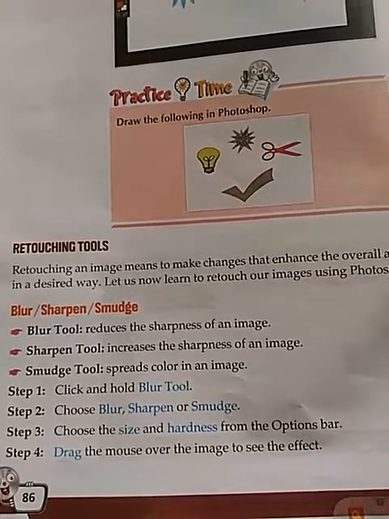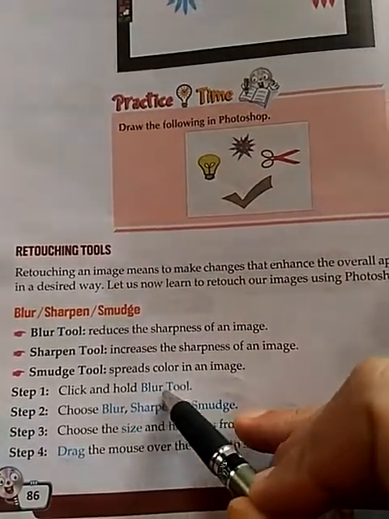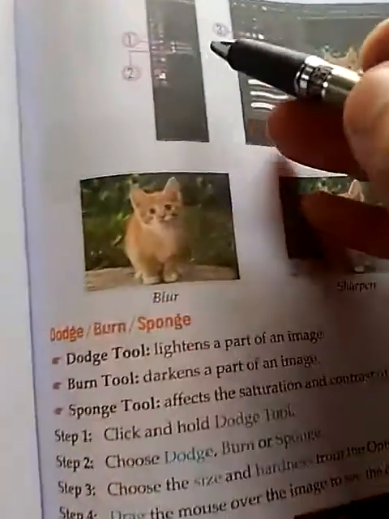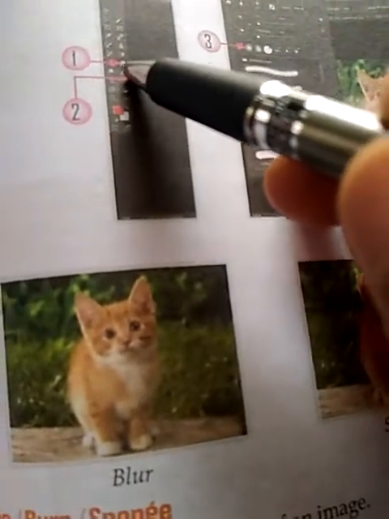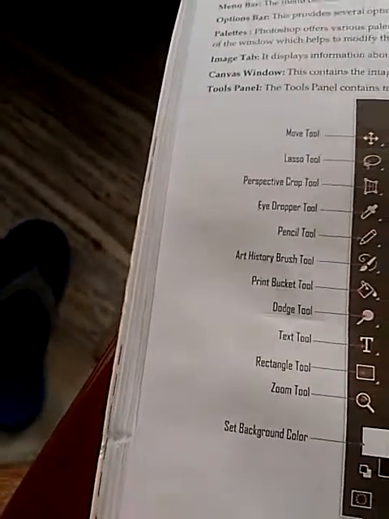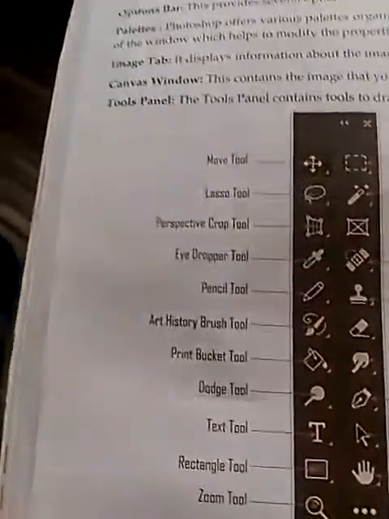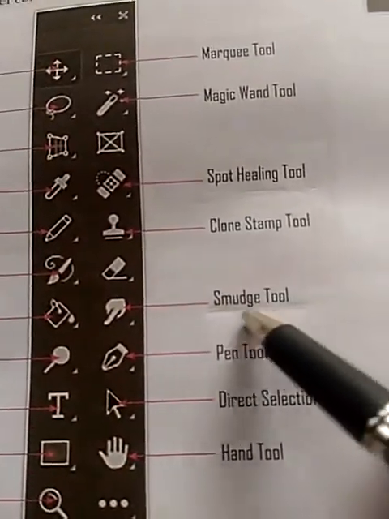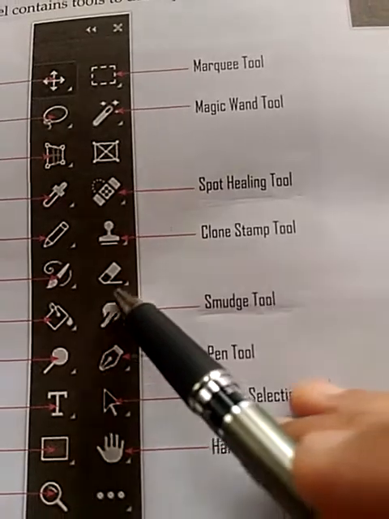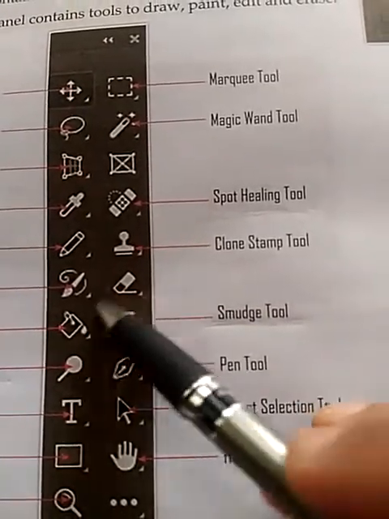Now how can it be done? Click on the blur tool. Let us see in the zoomed area. Click on this smudge tool. This is a smudge tool which is present on the toolbar.